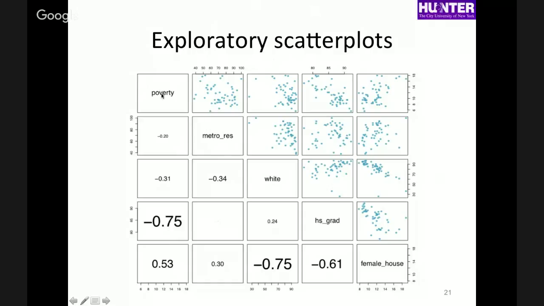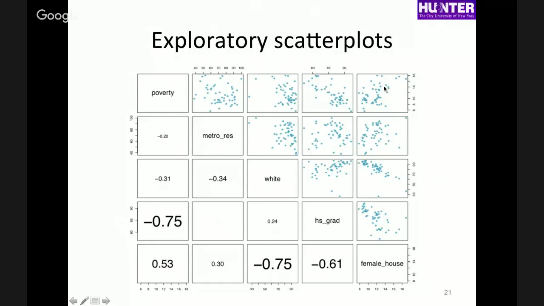In fact, we can quickly look across and see where there are any strong associations. There isn't really enough variation in percent white to be able to say whether there's a strong association, but there is a pretty good association with the percent of high school grads. There's definitely a negative correlation, minus 0.75.